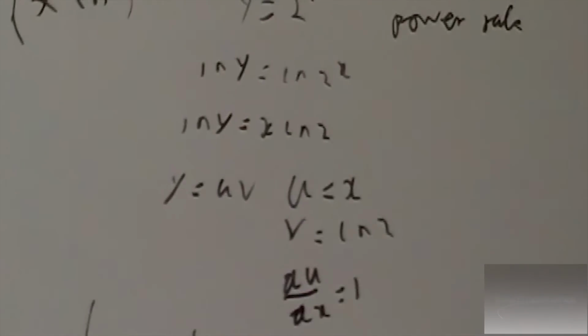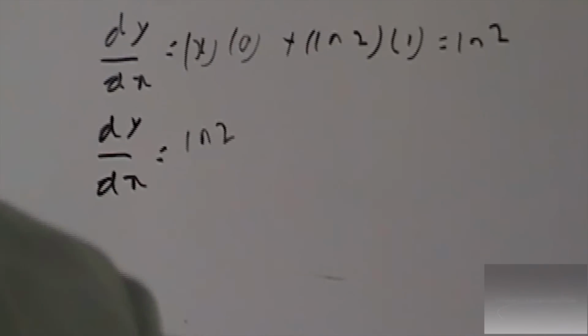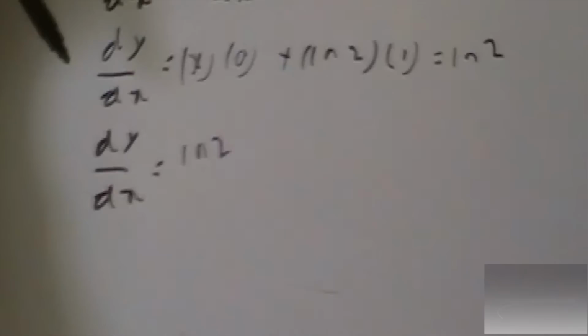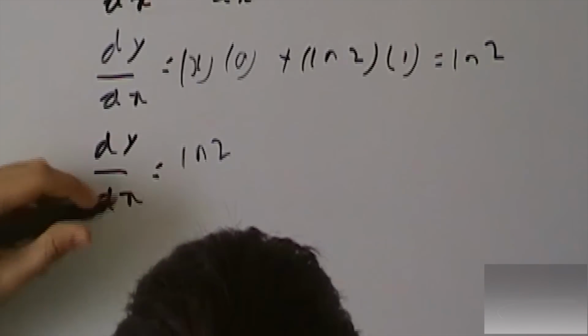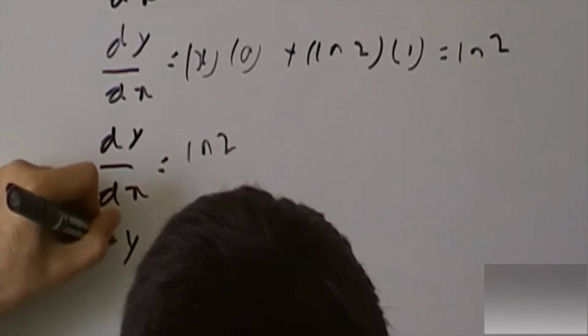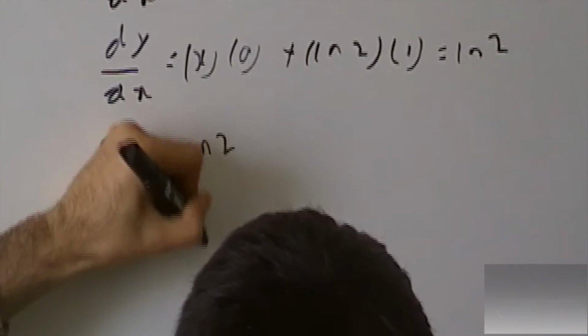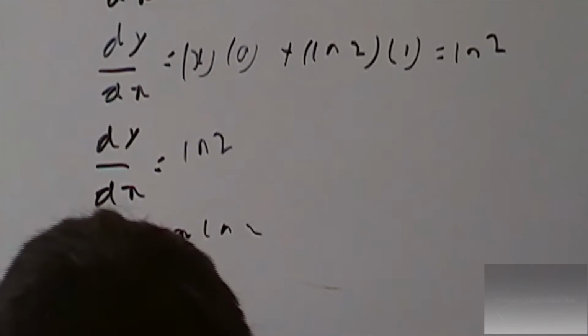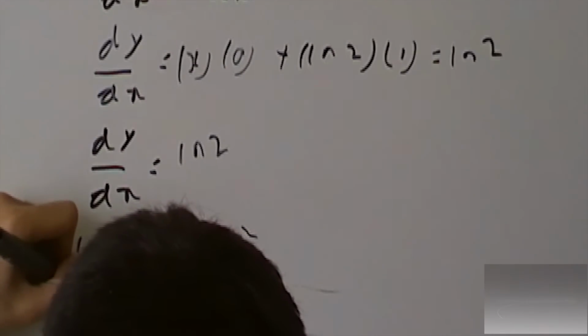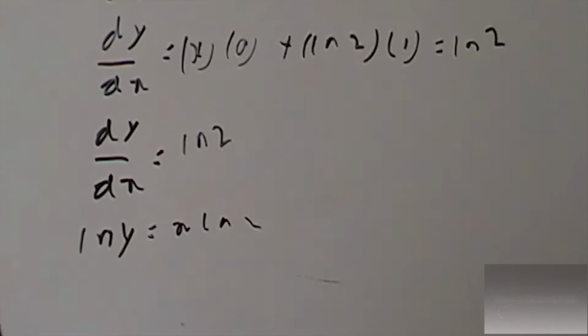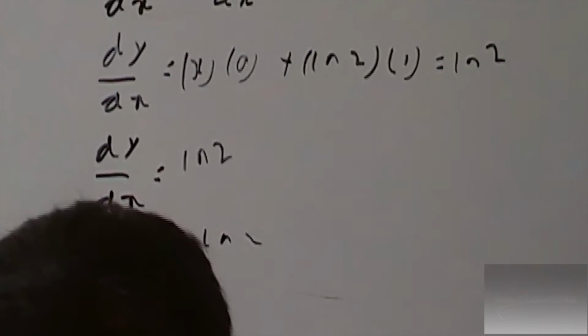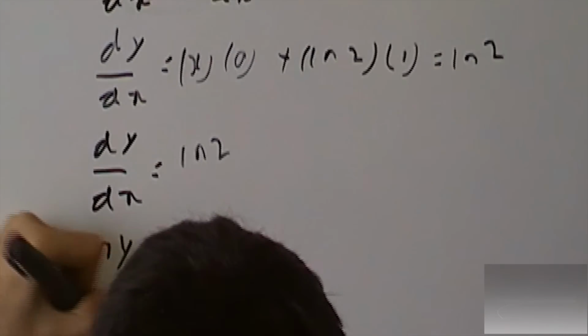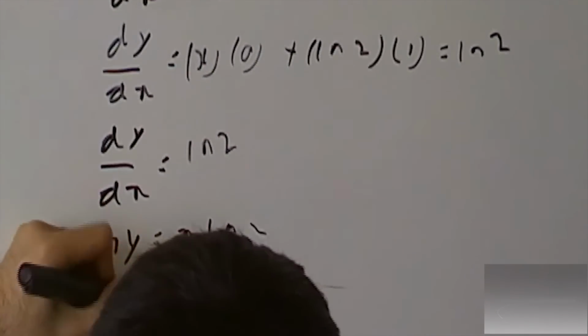Putting that into perspective, just putting that down here now, ln y is equal to x ln 2, and if we differentiate with respect to x, we get 1 over y dy by dx.